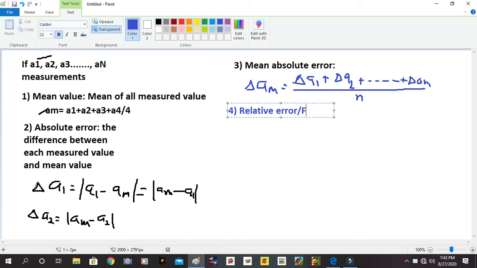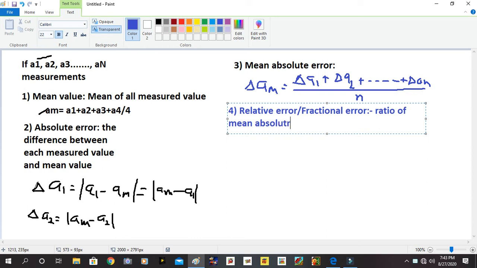The fourth value we need we will call the relative error, or it is also called the fractional error. This relative error or fractional error is very important in the estimation of error. It is the ratio of the mean absolute error to the mean value of the given calculation.